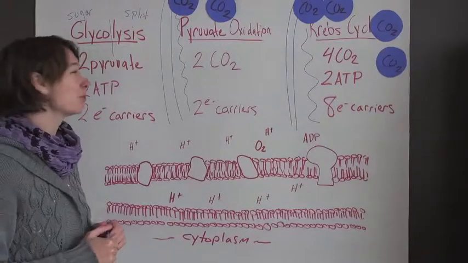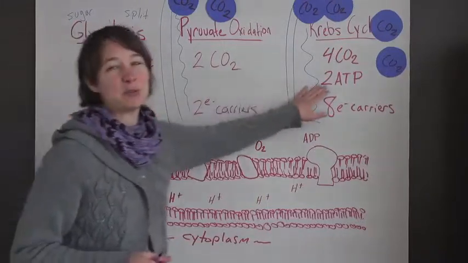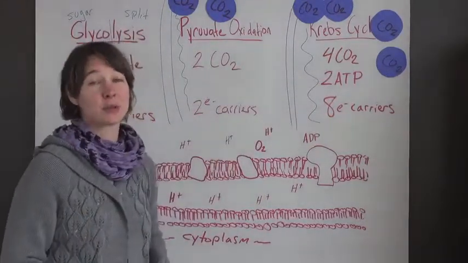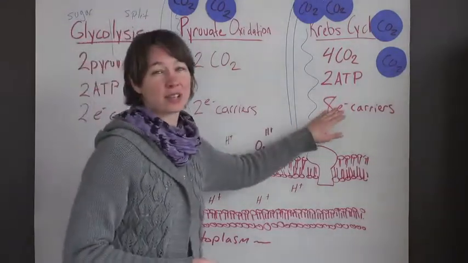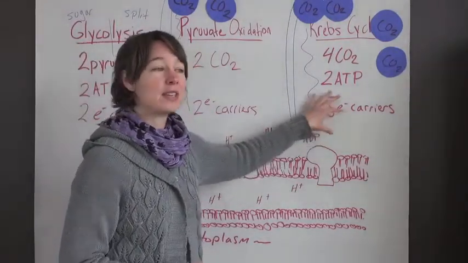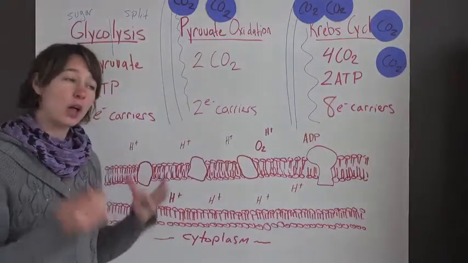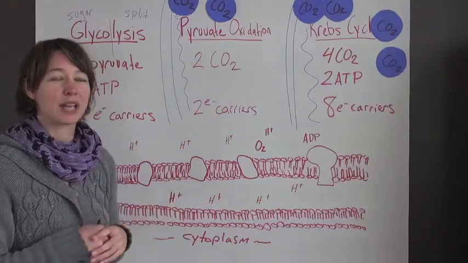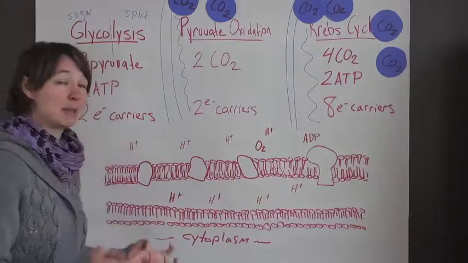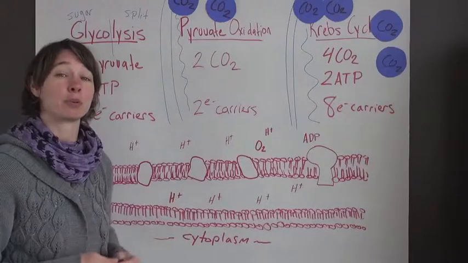Okay, so far we've only created 4 ATP molecules, and the whole point of cellular respiration is to create ATP. But we do have all of these electron carriers that have been produced. These electron carriers help in something called oxidative phosphorylation. It's a big complicated word, but it just means that we're able to make a lot more ATP using a pressure gradient.